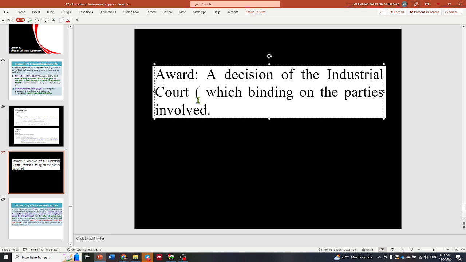What is industrial court? Bahasa Melayunya? Saya ada 3 soalan, nanti saya ketik lagi 2 orang. Mahkamah Perusahaan Malaysia. Betul. Jadi di manakah Mahkamah Perusahaan Malaysia ni? Di mana lokasinya?